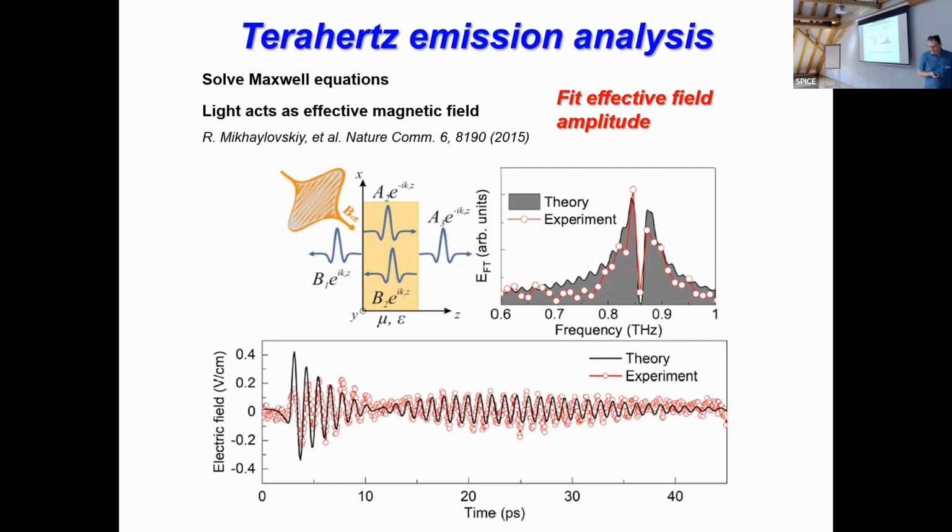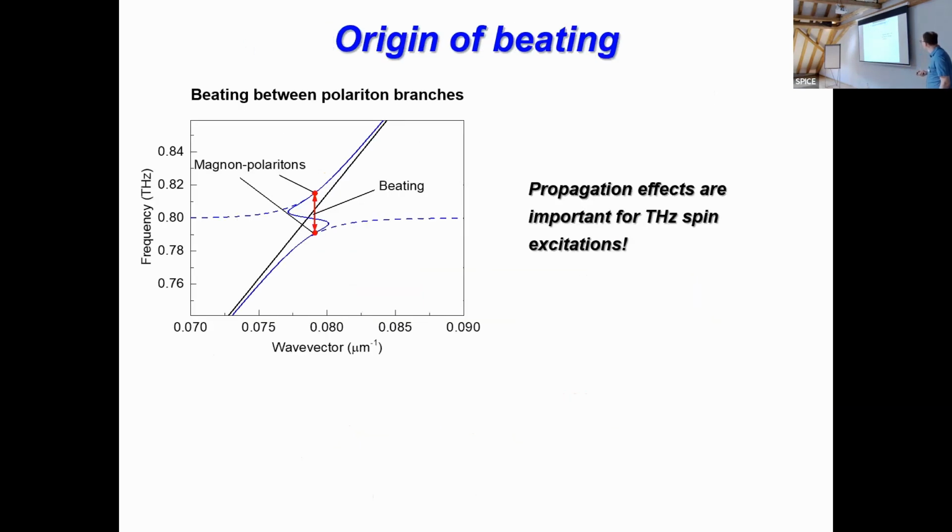So it seems that just the simple analysis based on the Maxwell equation already allows us to explain this experimental observation. And this beating is nothing else than the beating between the polaritons in the upper and lower branches of the dispersion curve, which is formed near the crossing line between the magnon frequency and the light dispersion line.